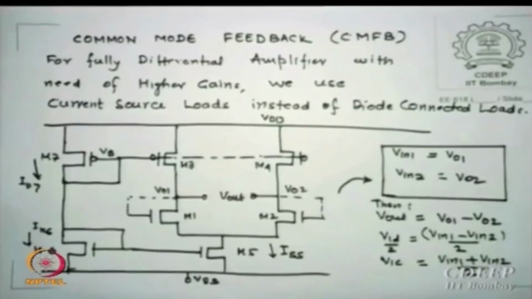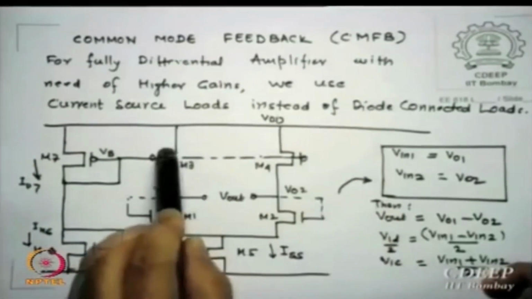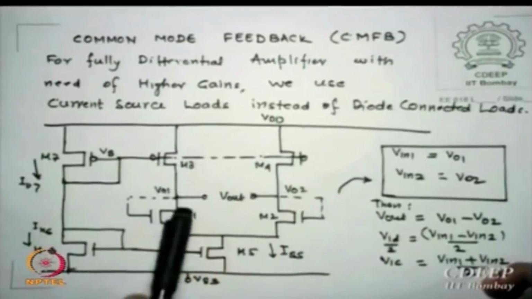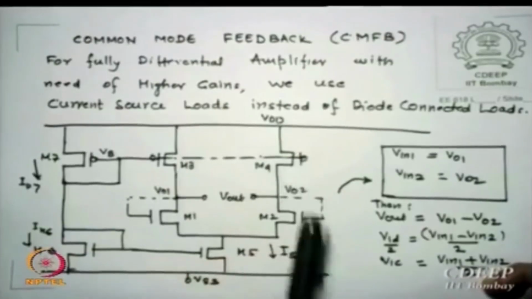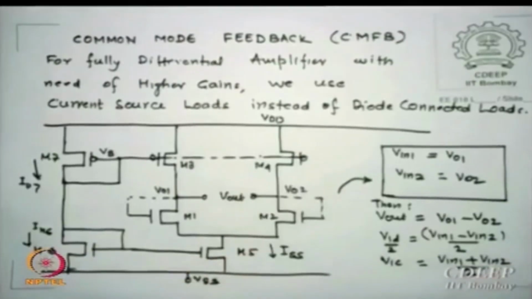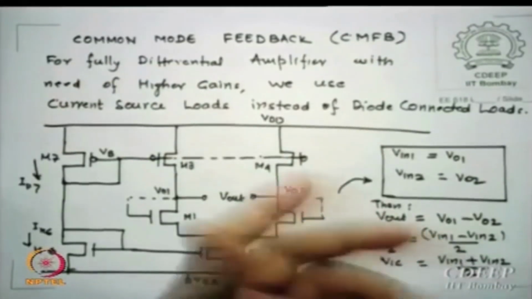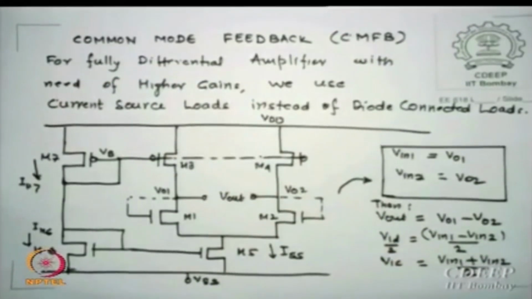Now, if everything goes well, what is the output resistance of this arm? RO3 parallel RO1. What is the output resistance of this arm? RO4 parallel RO2. So gm times that is the voltage gain I can get individually.